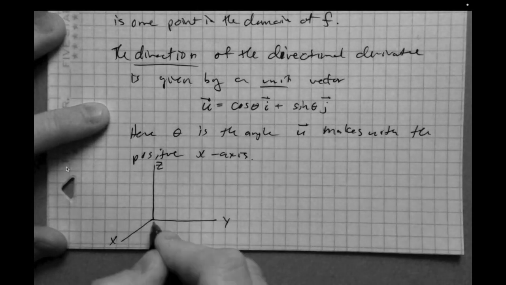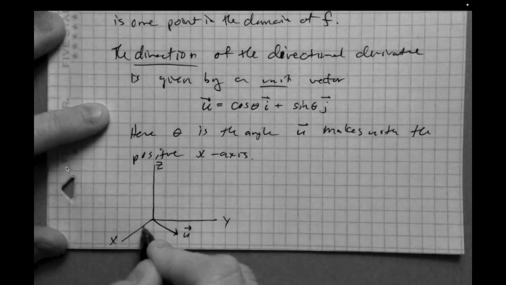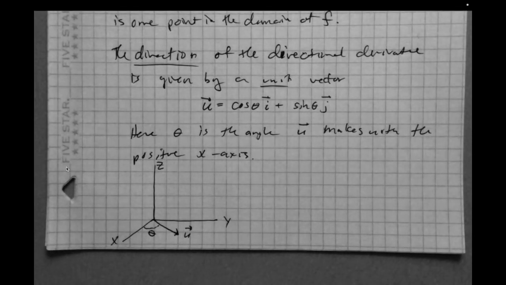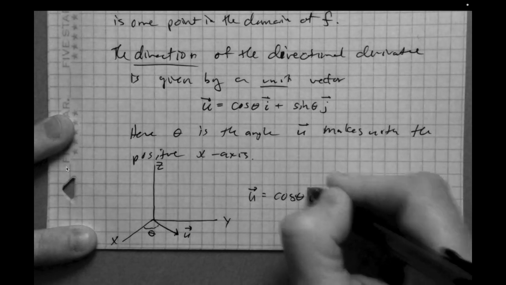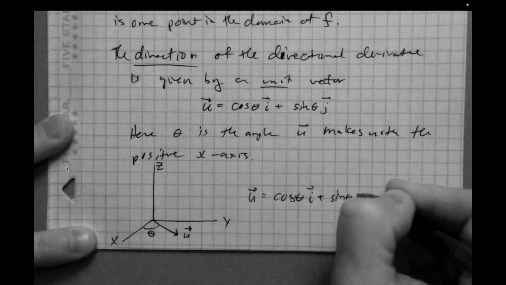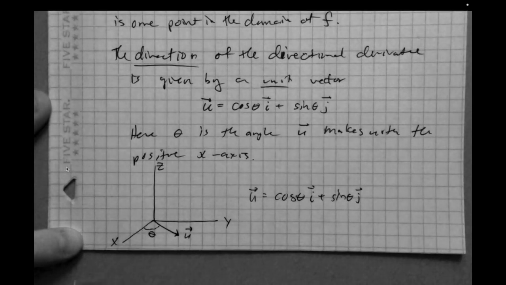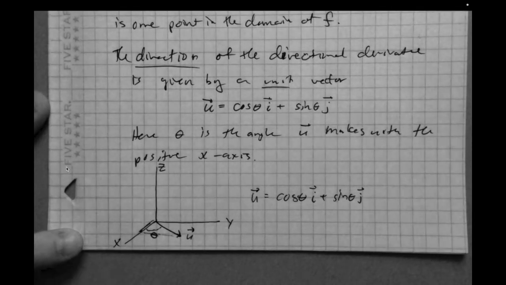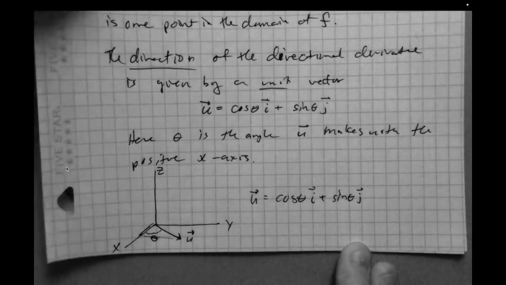You're going to have some vector u, and there's going to be some angle theta that u makes with the x-axis. Here we say that u is equal to cos theta i plus sine theta j. That should be straightforward, that's just basic trigonometry. The fact that you have this z-axis, don't let that confuse you. It's really just the usual thing here with cosine and sine. Okay, so that's where we'll start.